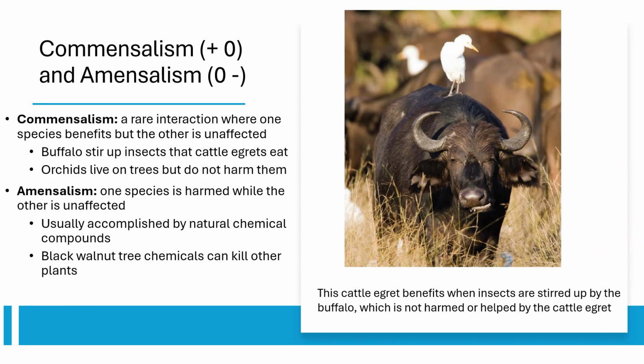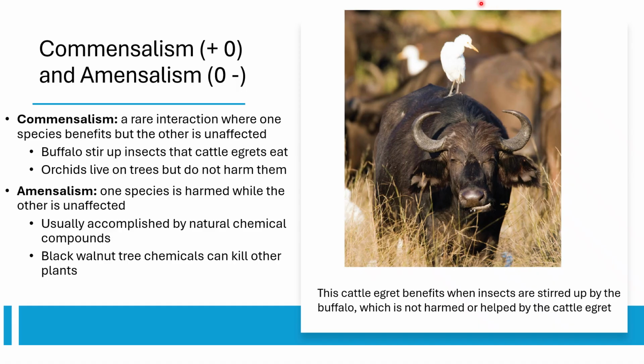Commensalism and amensalism are the last two types of relationship between organisms. Commensalism is an interaction where one species benefits and the other one is unaffected, so it's not hurt, but it does not benefit either.